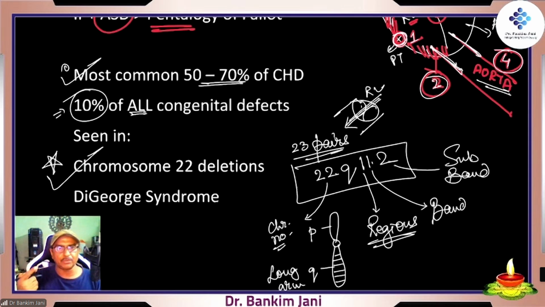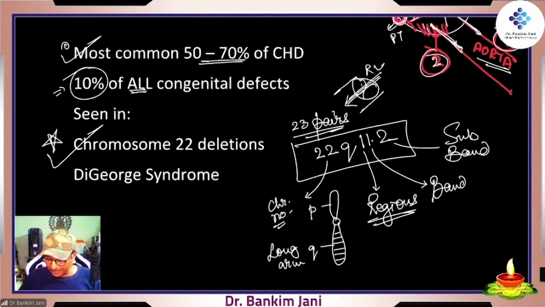So basically, what are chromosomes? Chromosomes are nothing but the blueprints, the very secret codes which make specific proteins, and they are made up of all those base pairs.